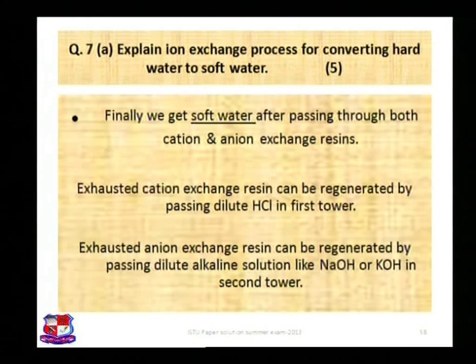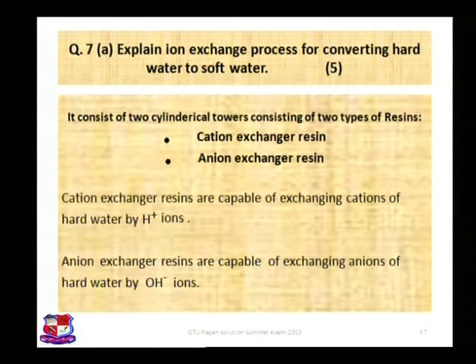So how can you regenerate the cation exchanger? By passing HCl. And how can you regenerate the anion exchanger? By passing NaOH or KOH in the second tower. This is the regeneration process that one has to remember. So what is the summary?